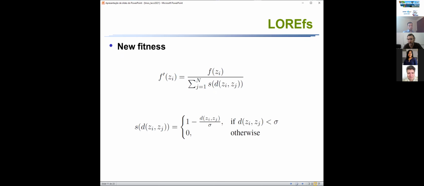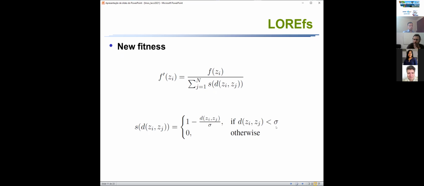In LoR with sharing, which we proposed in this paper, we modified the fitness function. Here is the original fitness function. We divide by the sum, where n is the number of solutions in the population, and we have this function that penalizes when two solutions are too close.